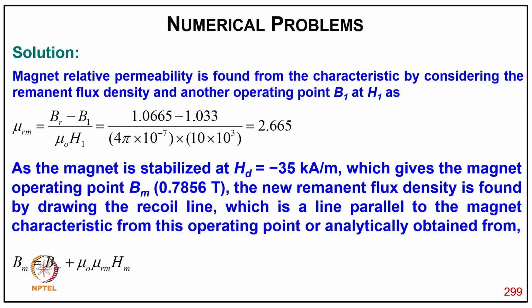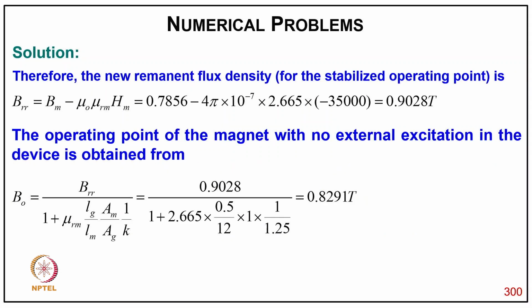And the new remanent flux density is found by drawing the recoil line, which is the line parallel to the magnet characteristic from the operating point, or analytically obtained from Bm equal to Brr plus mu 0 mu Rm Hm. And therefore, the new remanent flux density for the stabilized operating point is Brr equal to Bm minus mu 0 mu Rm Hm, and putting value it comes to 0.9028 Tesla.